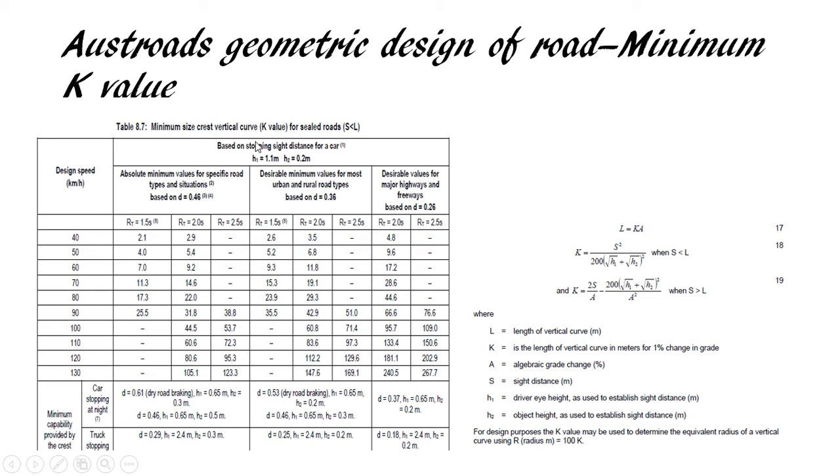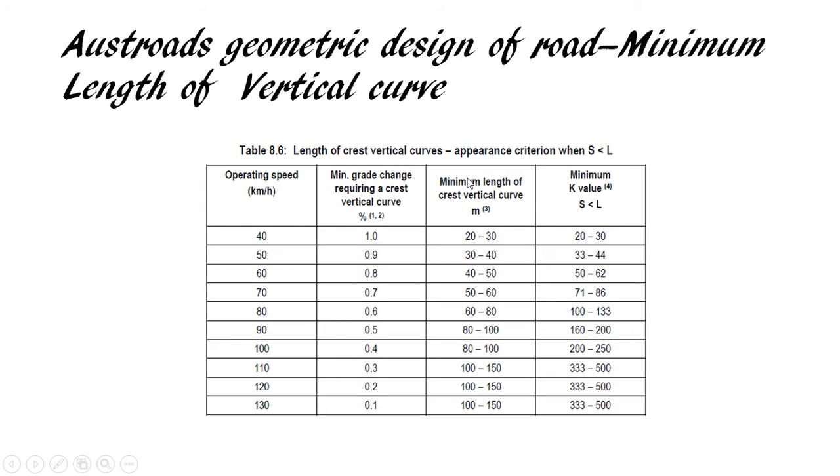Again, for the minimum k value for a crest curve with 1.1 meter height and 0.2 meter, for 50 the minimum value of k is 5.2 to 6.8. You can also take the k value from here, get the grade change from your profile, and define the length as k times A. That would be a bit smaller than what the table provides.